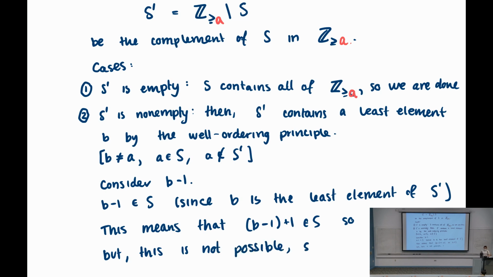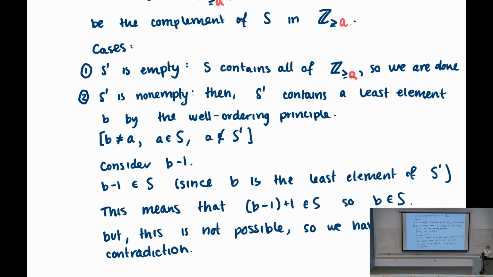But that's not possible because B is in S prime. So we have a contradiction. So what does that mean? That means that it was not possible that S prime is non-empty. So this case led to a contradiction.